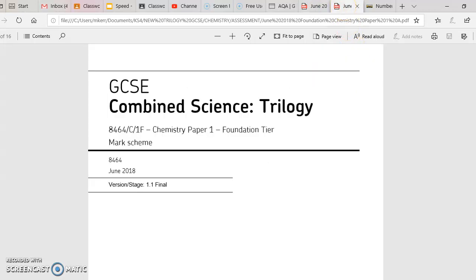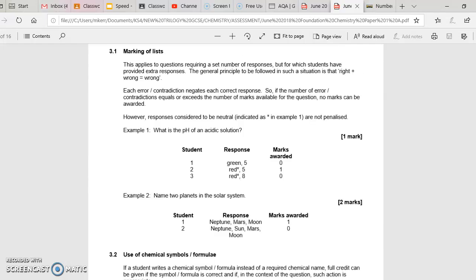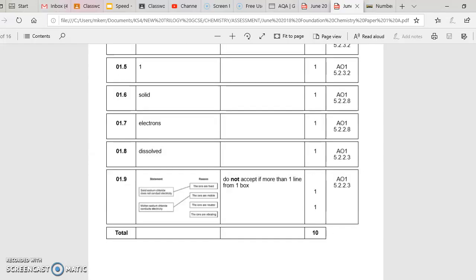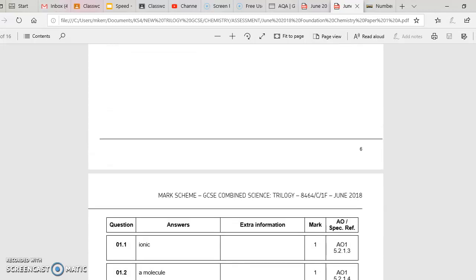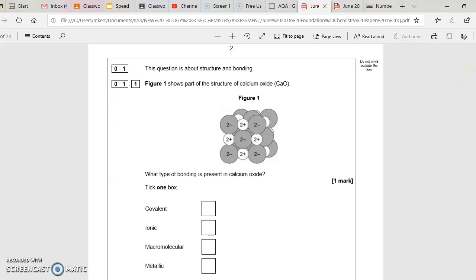If we look at our mark scheme and just scroll down, it's going to say very quickly ionic. Okay, next question.